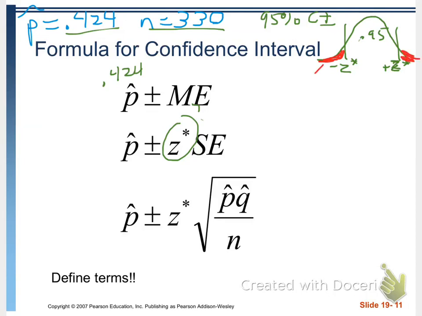So I'm going to make this 0.025 and this 0.025. Okay, well, how do I get that? Well, I'm going to get inverse normal of 0.025, and that will give me the negative z-score. So if I do that on my calculator, 0.025 is negative 1.96. That's my z star.